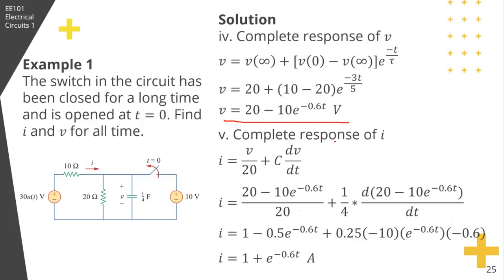Now the complete response for I. Isn't this I just V over 20, the voltage across the resistor, which is the voltage of the capacitor over 20, plus C dV dt.